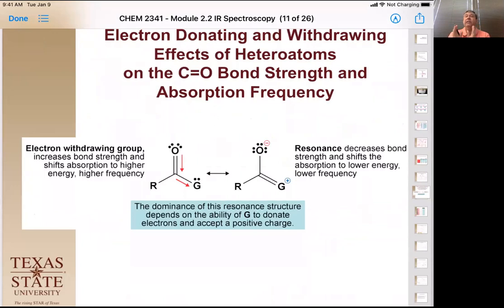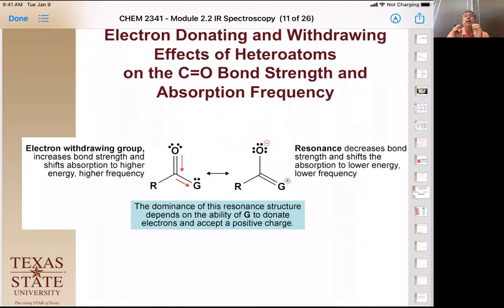It has everything to do with whether or not there's an electron withdrawing group or there's a resonance stabilization in the system. If you have a resonance stabilization in the system, like forming the acetate ion, you're actually going to decrease the bond strength because you're sharing that bond over multiple atoms, and it has a lower frequency.